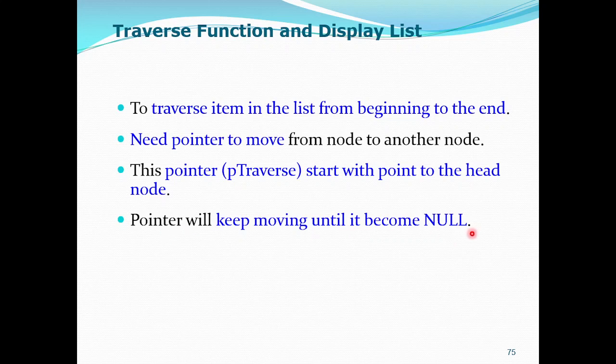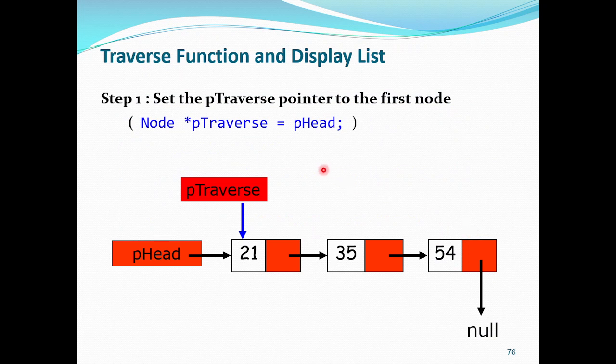Okay, so how are we going to do this? First, we need to set the traverse pointer to the first node. So now the head pointer points to the first node. To traverse the list, we need to make the traverse pointer point to the first node. So whatever the head pointer points at, ptraverse also points at.